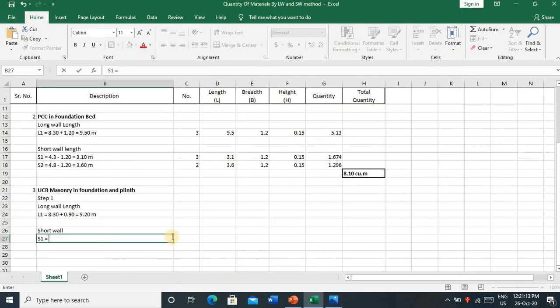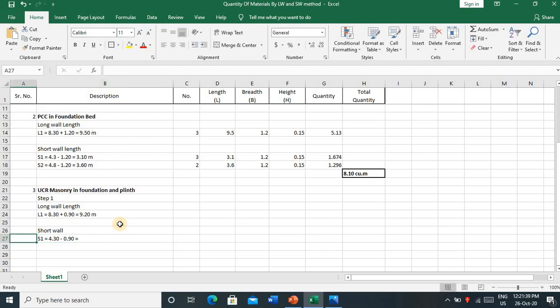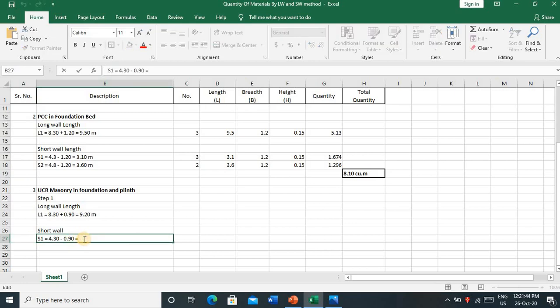So short wall 1 will be 4.30 minus the width of the footing. The width we have already seen in the section, 0.90. The answer is 3.40.